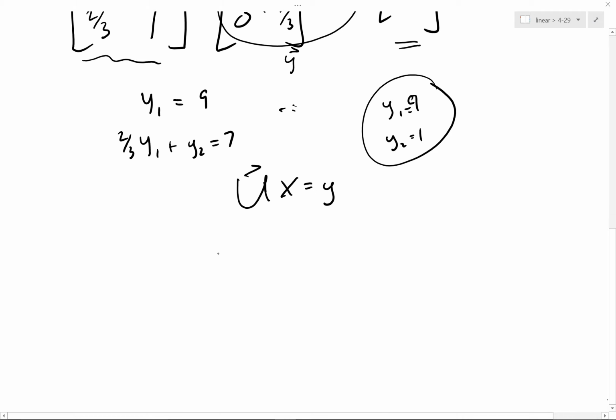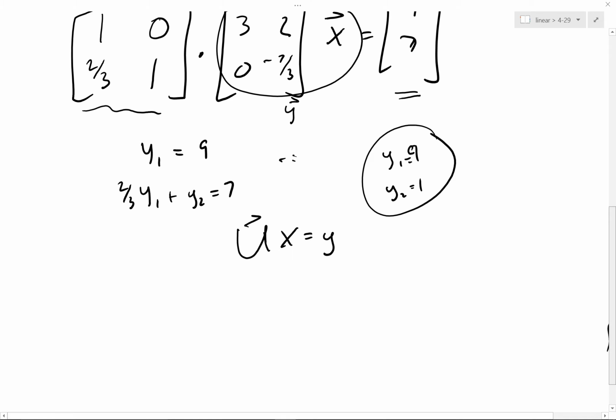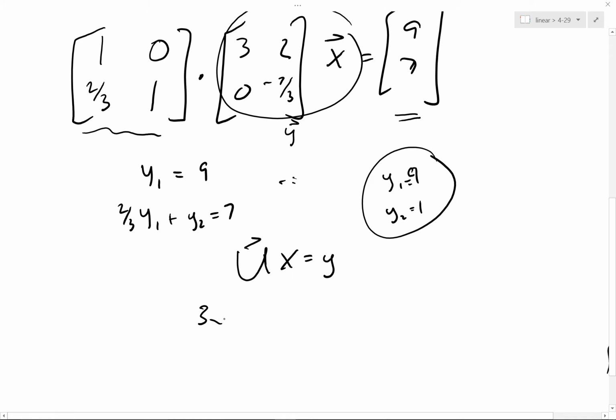So U, what did I say U was? It's going to be 3x1 plus 2x2 equals 9. And then I'm going to have negative 7/3 x2 is equal to 1, rather, not 7. So I get x2 is equal to negative 3/7.